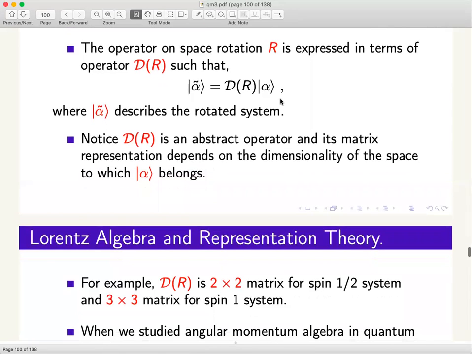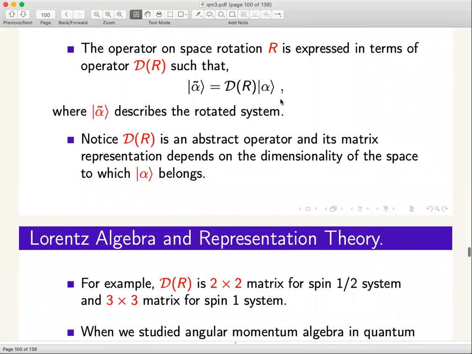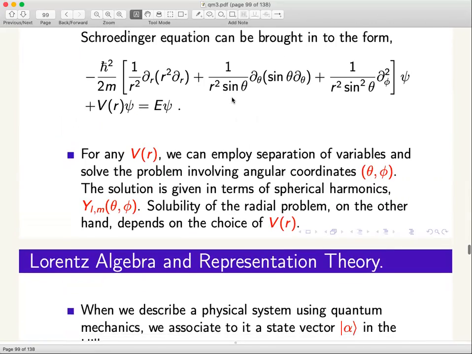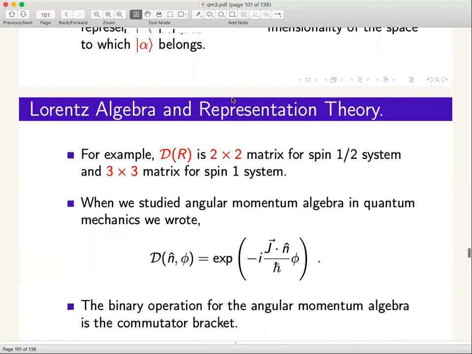Now imagine that alpha and alpha tilde are related by a transformation where you do a rotation about, say, the z axis. Instead of writing the most general D matrix, let's write down dz. It was written somewhere here, or maybe downstairs.